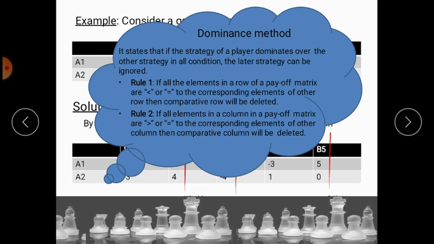So the dominance method states that if the strategy of a player dominates over the other strategy in all conditions, the latter strategy is ignored. Okay, so what is the rule to apply for the dominance method? Rule number 1 is, if all the elements in a row of a payoff matrix are less than or equal to, right?